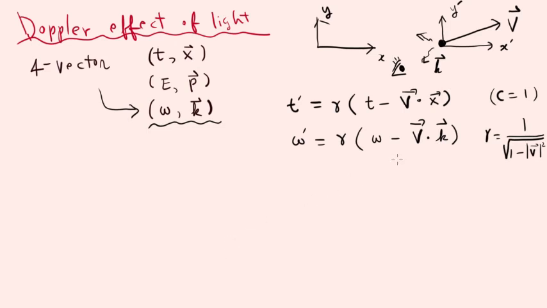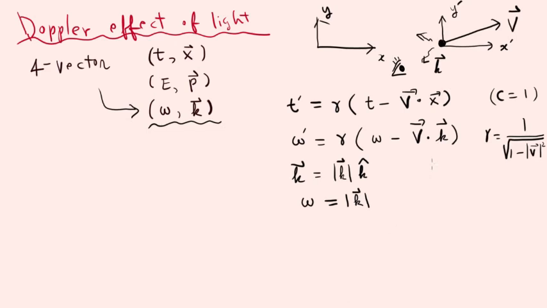So that's it. Now all we need to do is here, k equals the magnitude of k times the unit vector along the k direction. And then we know that the property of light is such that omega equals c times k, but we're using c equals 1 unit, so that means omega equals the magnitude of k.